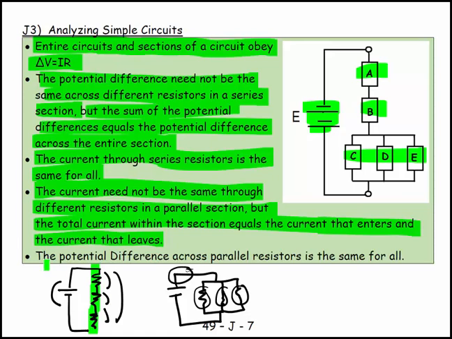And then the next thing we can say is the potential difference across the parallel resistors is the same for all. So the potential difference across this is the same as across that, and the same as across that.